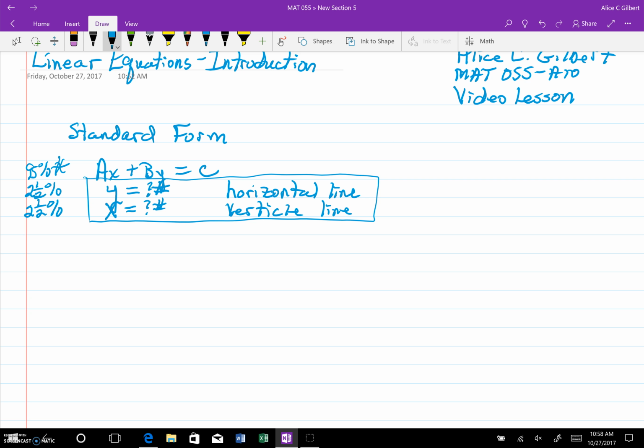One way that we can tell if something is a horizontal line is if it's y equals something. Another way is if it has a slope, and we always designate slope m, equals a slope of 0. And a vertical line has a slope that is undefined.